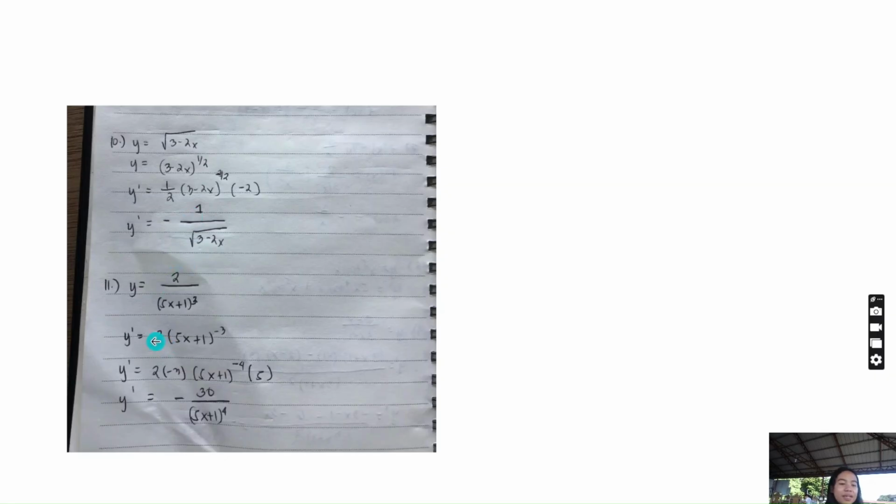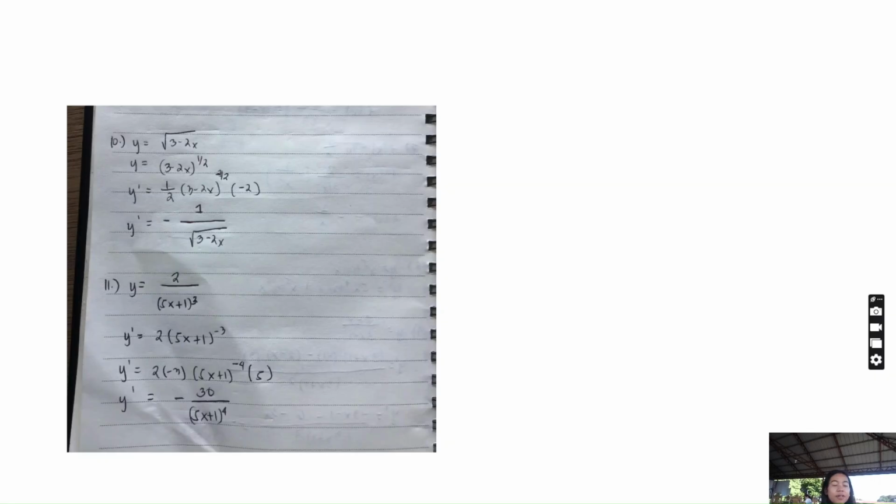Moving on to number 11, we are given y equals 2 all over 5x plus 1 to the power of 3. This can be obtained through applying both quotient and product rule, but we can simply just use the product rule by turning 5x plus 1 to the power of 3 into 5x plus 1 to the power of negative 3.